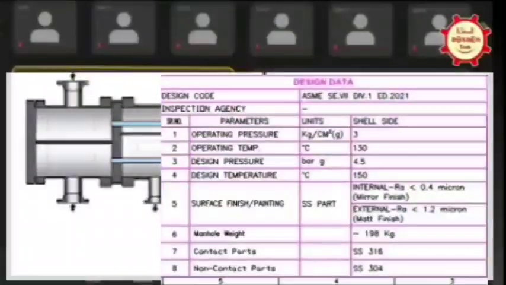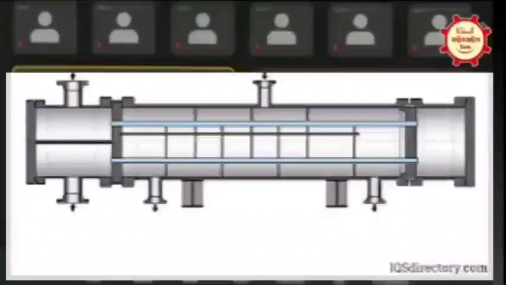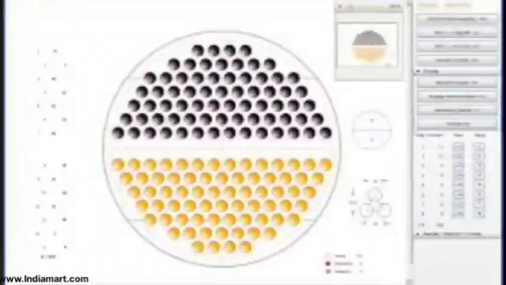Those things we take into consideration while calculating the thickness of a shell or dish end. I understand the same would be applicable for the tube sheet case also. Only the thing is that there we have two types of pressure, one from the shell side and the other from the tube side, so there are two pressures as well as two temperatures. The rest of the things, like allowable stress of the material and joint efficiency, would be common, as we take in the shell case.